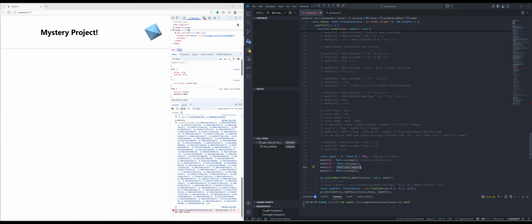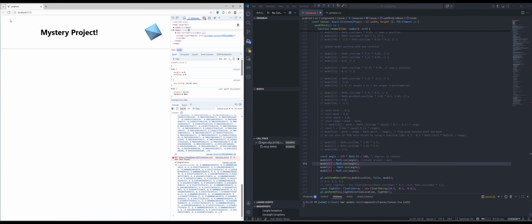Also, you can do, for instance, 375 degrees. Let's remove, for simplicity, the minus from here and the minus from here, and let's try it again. It will be the same position as it is right now.